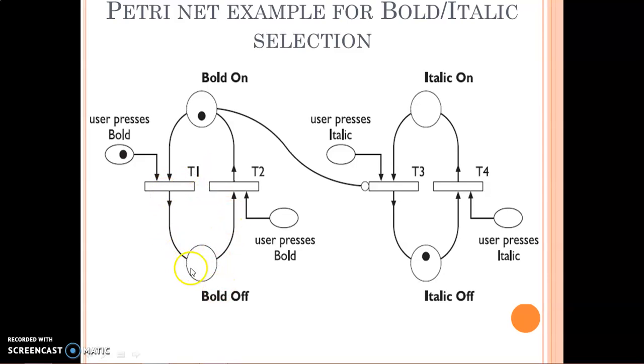So if we fire from over here, we can go directly to the transition of going to bold off, and so on can be done for the italics part also. So these are the elliptical curves which allow for an input state in the case of a Petri net. These are a few examples of diagrammatic dialog design notations.